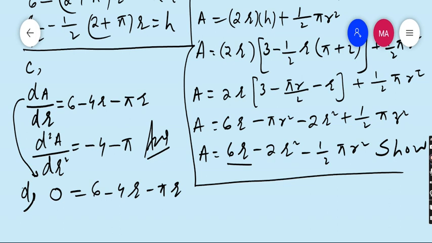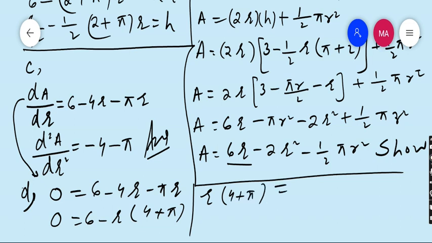Taking r common, 0 is equal to 6 minus r into 4 plus pi. Then shifting over there, r into 4 plus pi is equal to 6, and r is equal to 6 upon 4 plus pi.